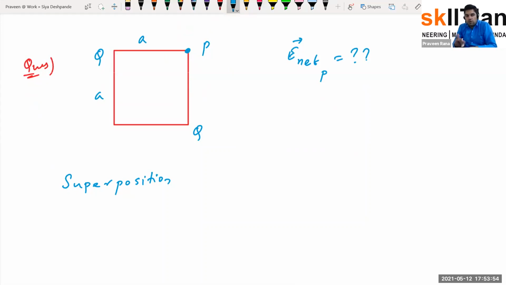And how would you find the net electric field if you have multiple charges? The electric field is a vector quantity. And how are vectors added? With their directions, a vector sum. So the superposition principle states that the net electric field is the vector sum of the individual electric fields.